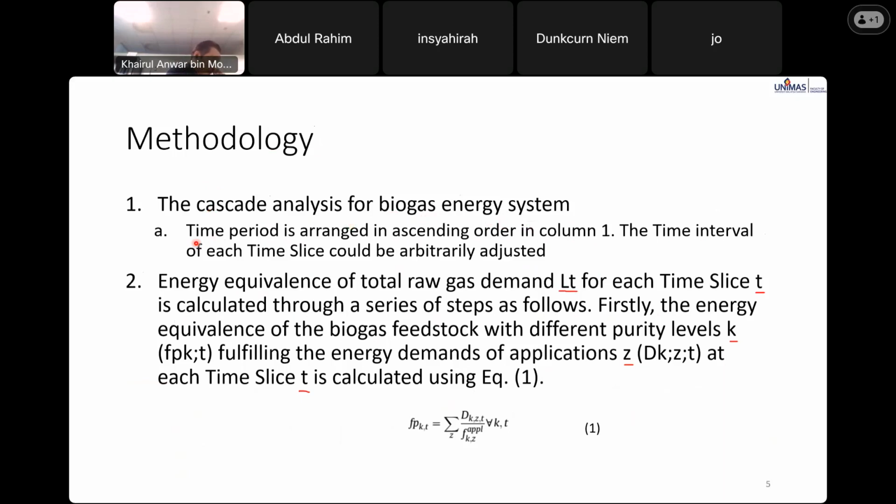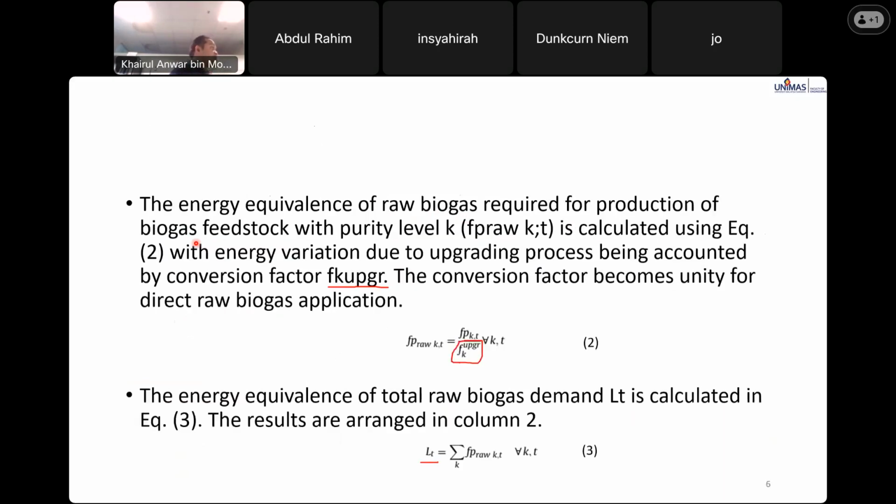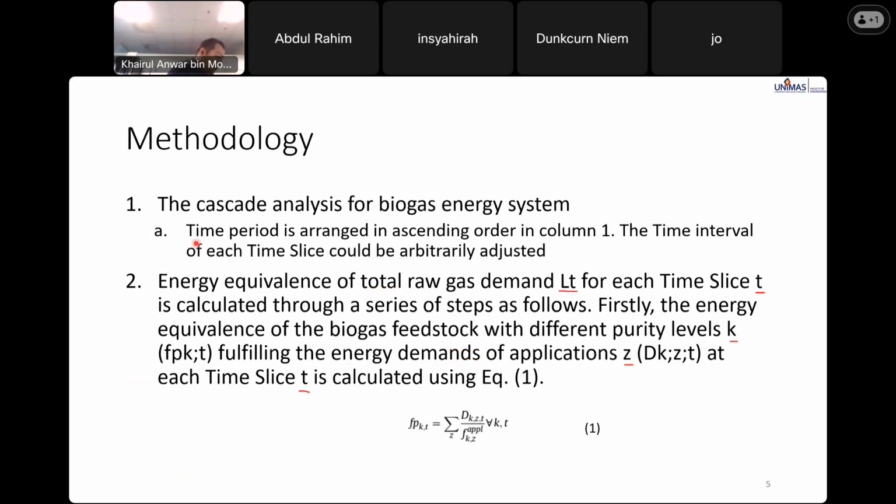We'll include the assumptions, so refer to the paper. There are 12 assumptions. Some of them: the leakage of biogas at the compressor is neglected. Losses during charging and discharging at the biogas storage line are negligible, meaning this system is ideal.